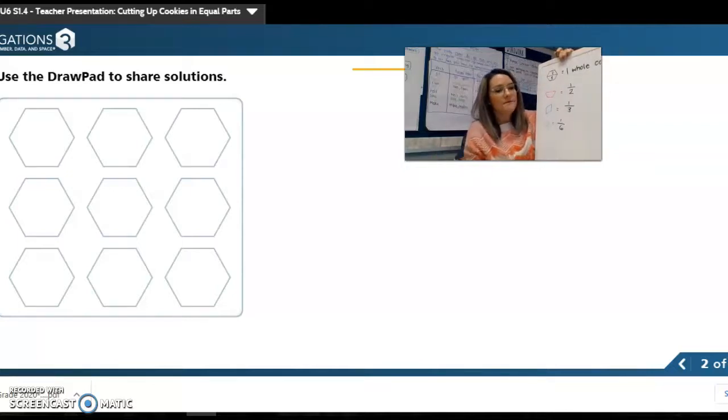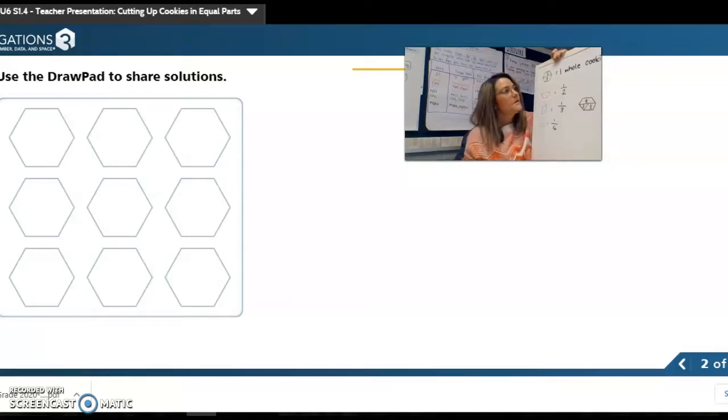Okay, if I were going to use different pattern shapes, let's say I put a trapezoid and that's 1/2, and then I used a green triangle and a blue rhombus. I know the green triangle is 1/6 and the blue rhombus is 1/3. Okay, that's going to help us later when we look at the hexagons together and write equations.